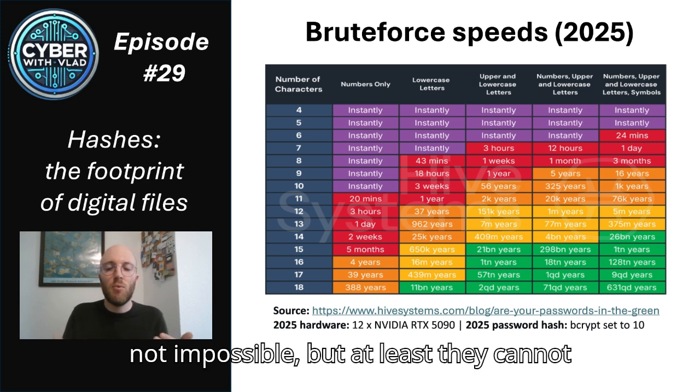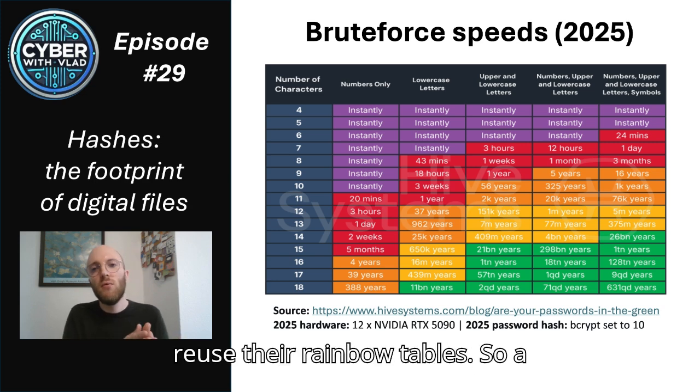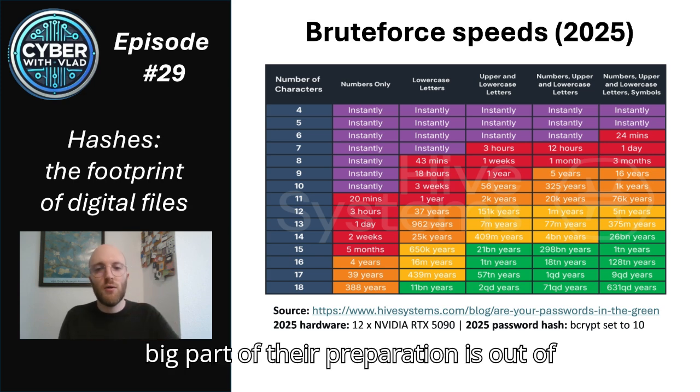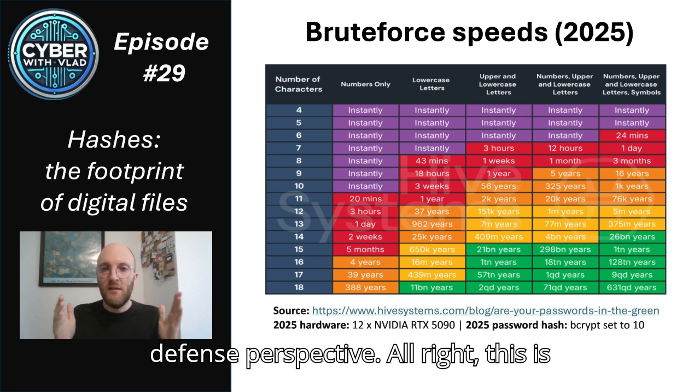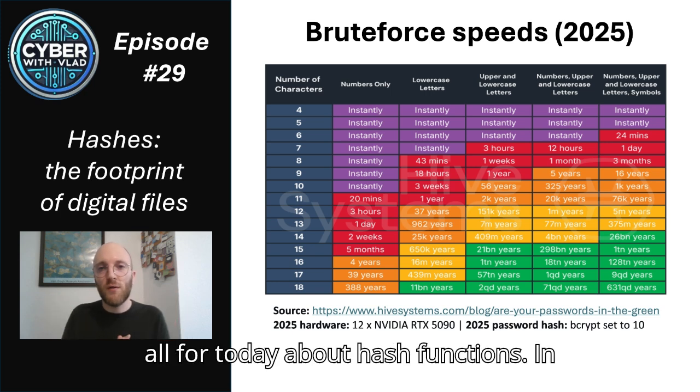It's not impossible, but at least they cannot reuse their rainbow tables. So a big part of their preparation is out of the window, and that's what we want from a defense perspective.